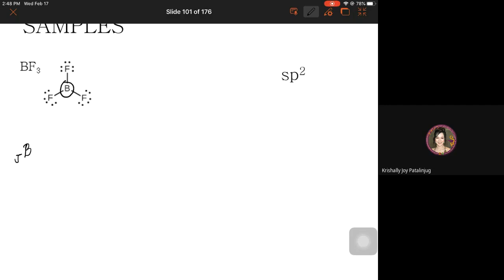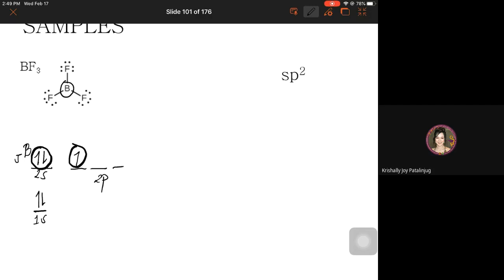So kung isusulat natin yung distribution of electrons niya, it will result to 1s2, 2s2, and 2p1. So total of 5 electrons. And boron has 3 valence electrons. Tama? Kasi under siya, di ba, sa group 3 elements. So, meaning meron siyang 3 valence electrons. So, capable siya mag-form ng 3 covalent bonds.